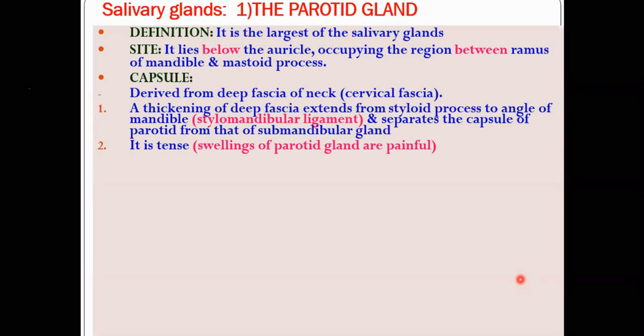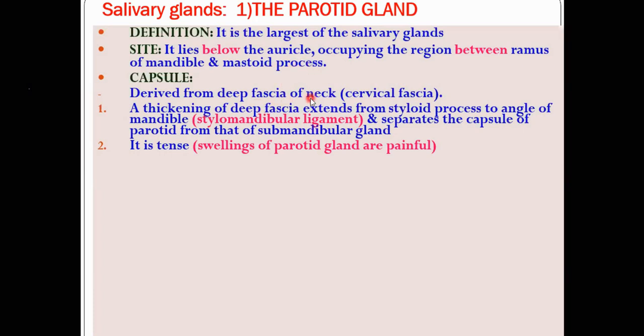Outside means below the skin of your cheek, outside the buccinator muscle. It is the largest of the salivary glands. It lies below the auricle, your ear, occupying the region between the ramus of the mandible and the mastoid process. Here we are talking about the bony part of the mandible.